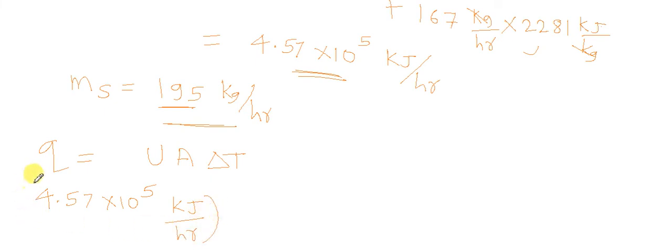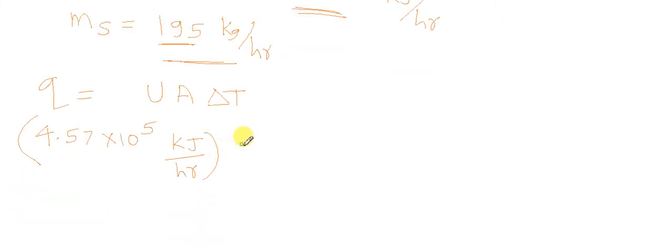Okay, unit is very important. That is equal to, the value of U is given, that's 1700, and its unit is joule per meter square per second and per degree Celsius, into A into delta T.